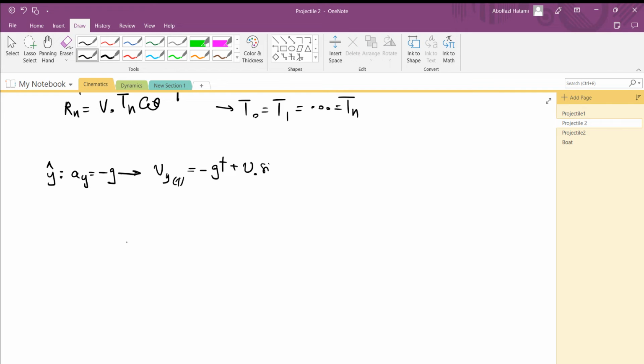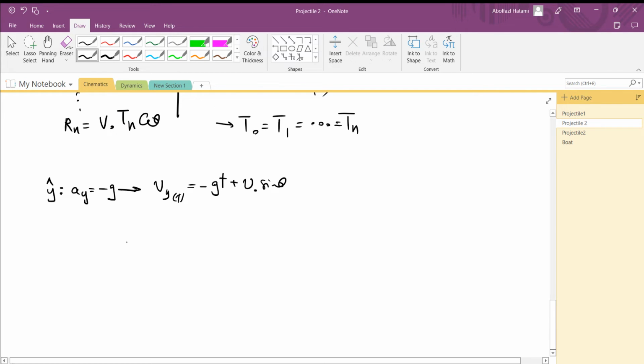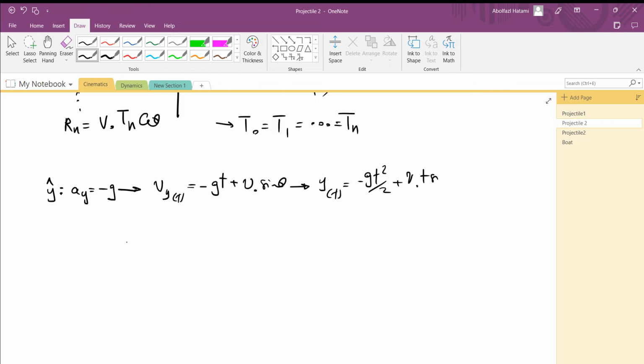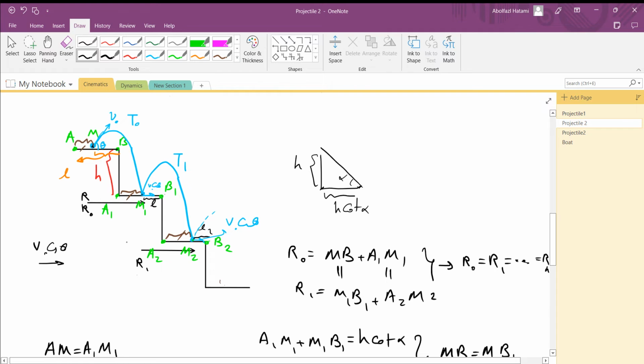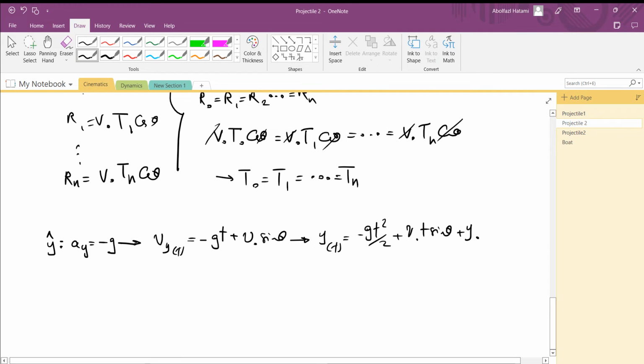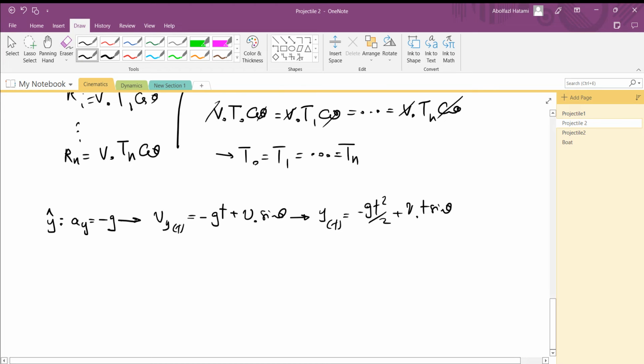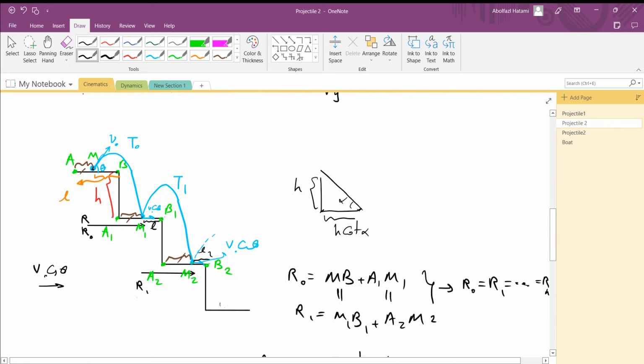And if I integrate again, I can obtain that y as a function of t is minus g t squared over 2 plus v0 t sine theta plus y0, which if I put the origin at the step, y0 is going to be 0, so I can eliminate this term.